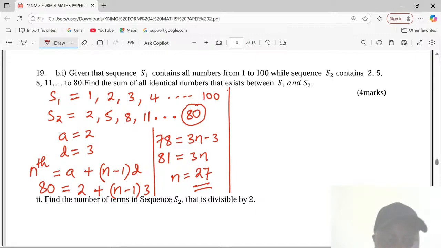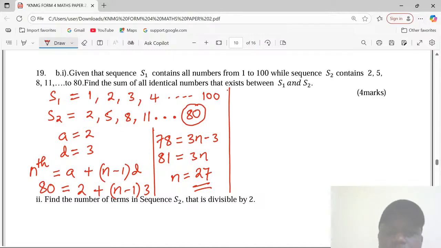All the terms in sequence 2 can be found somewhere in sequence 1, so every term in sequence 2 finds an identical number in S1.